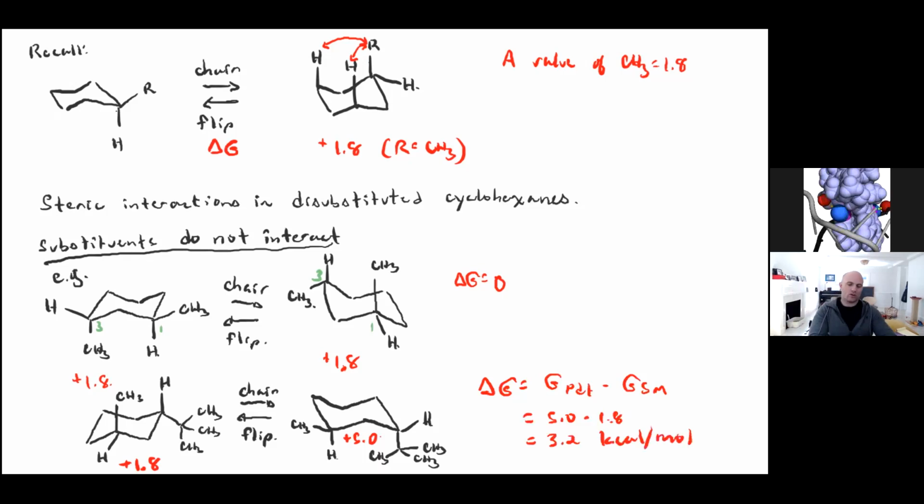And so the conformer where I have the tert-butyl group in the axial orientation is less stable by 3.2 kcals per mole.